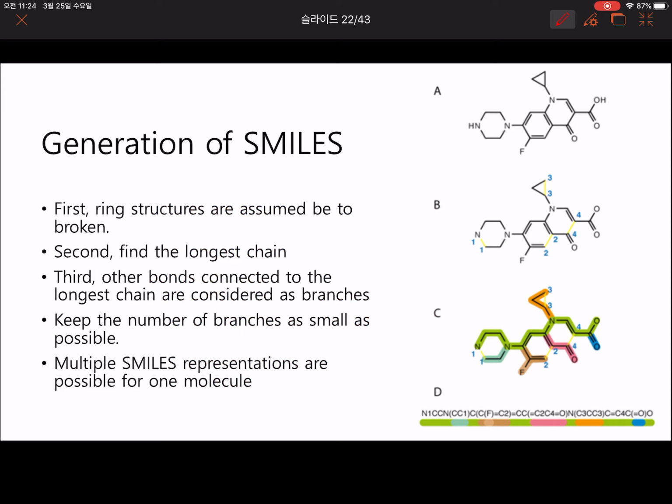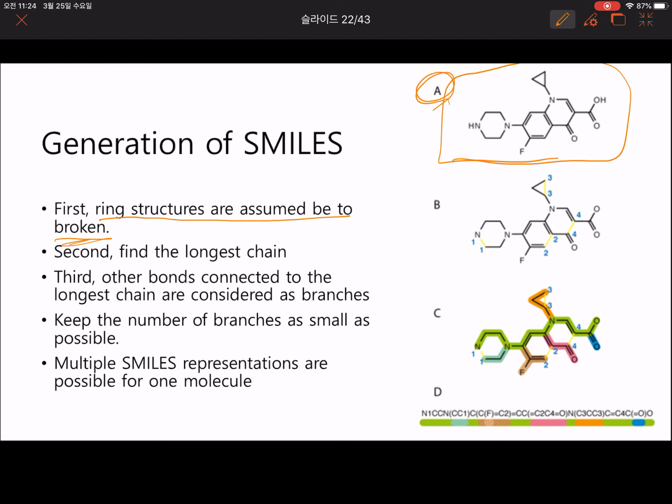So what are the general principles of generating SMILES? First, ring structures. Let's say that we have a molecule like this, A. We assume that ring structures are broken. So we have to break some point arbitrarily. You can break any bond inside the ring.